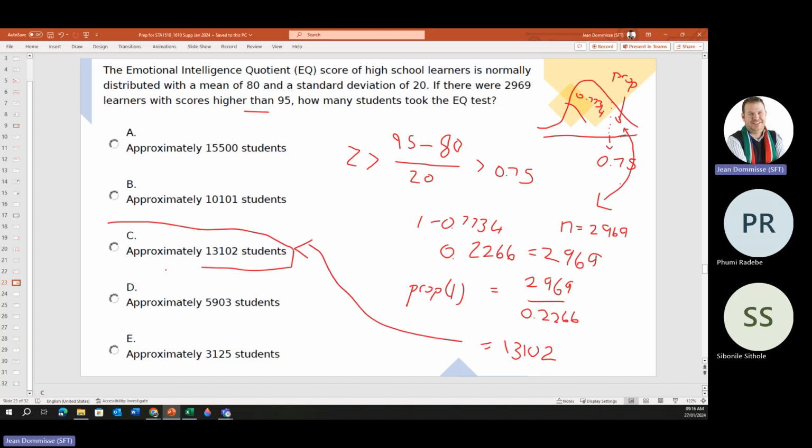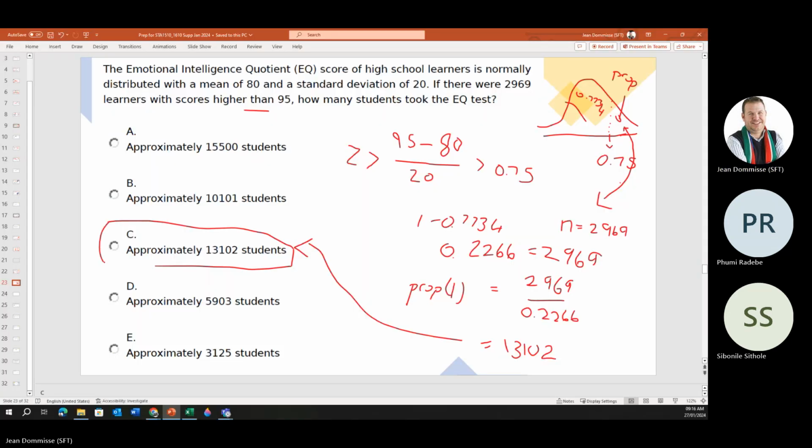So this is really not the easy one. I've seen in the last few papers, and I think you would have seen it in the October, November one as well, they love to ask something like this, where you need to work backwards to get the answer.